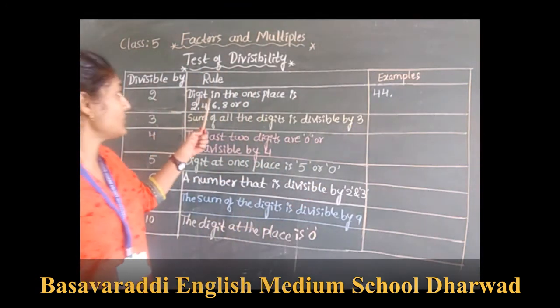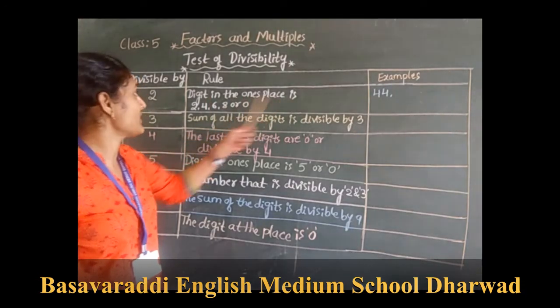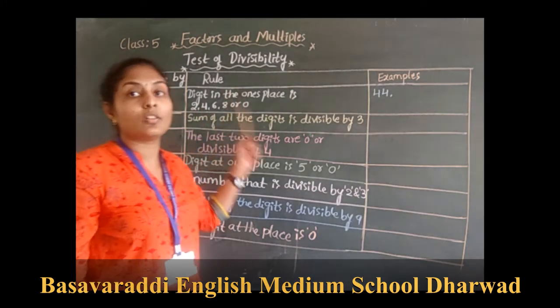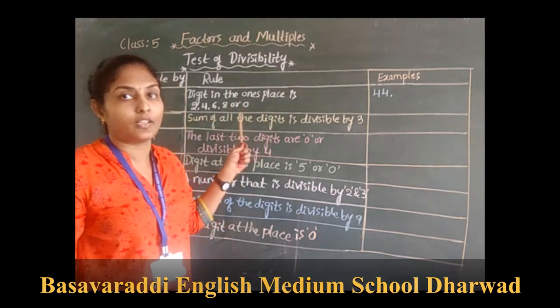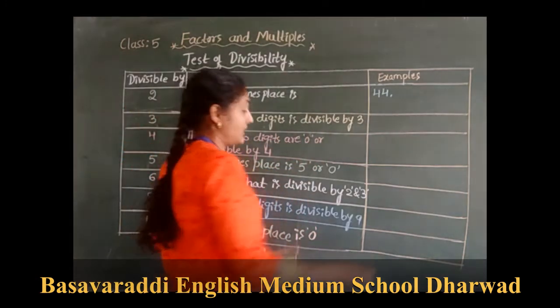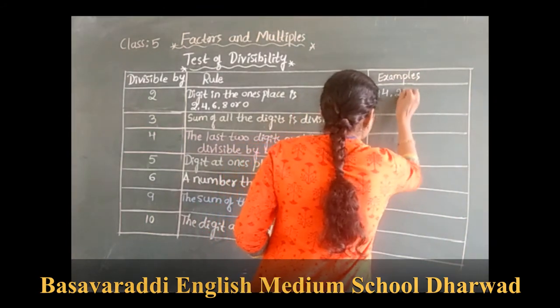Why? Because the rule declares that if in the ones place there is a 2, 4, 6, 8 or 0, the whole number is divisible by 2. Okay, next, one more example for divisibility by 2, that is 256.